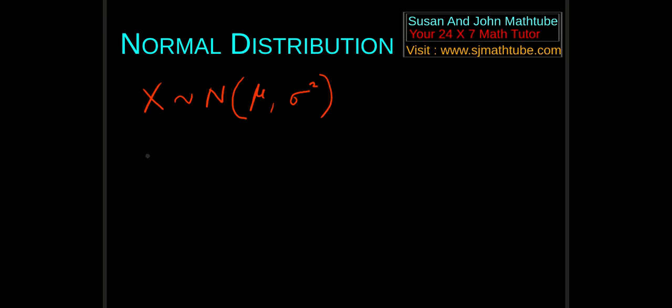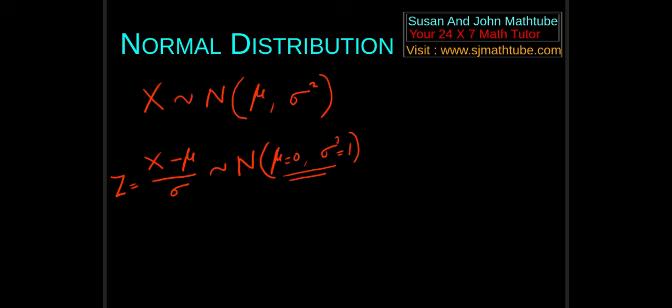Then the transformation (x minus mu) by sigma, which I'm going to call z, will follow the normal distribution with mu equal to 0 and standard deviation equal to 1, or variance equal to 1. This is called the standard normal distribution.